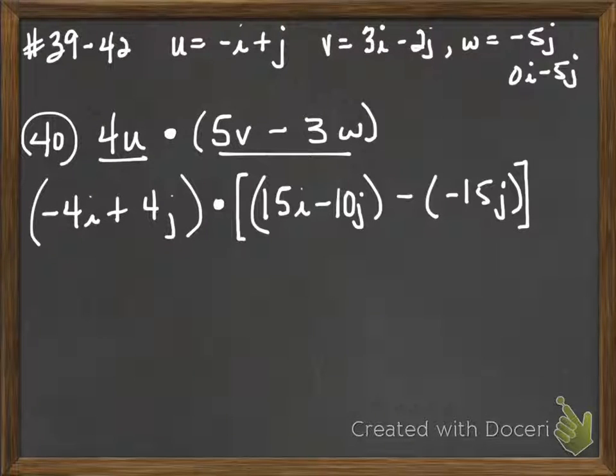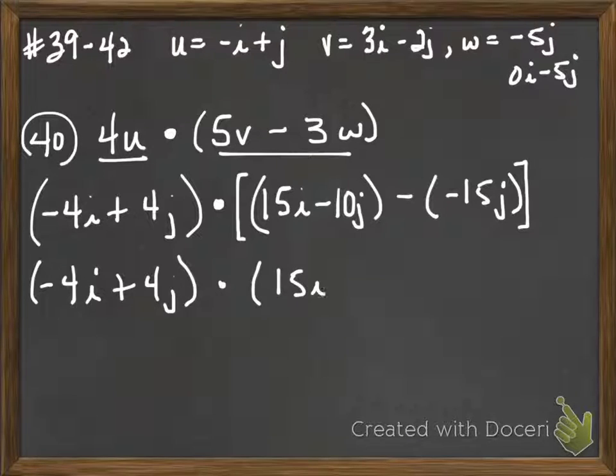So you'll get a vector there. And if I do the bracket, I get 15i plus 5j. Everybody with me that far?